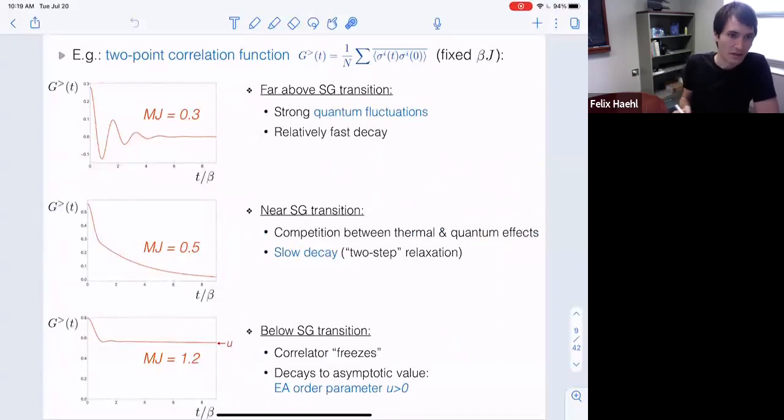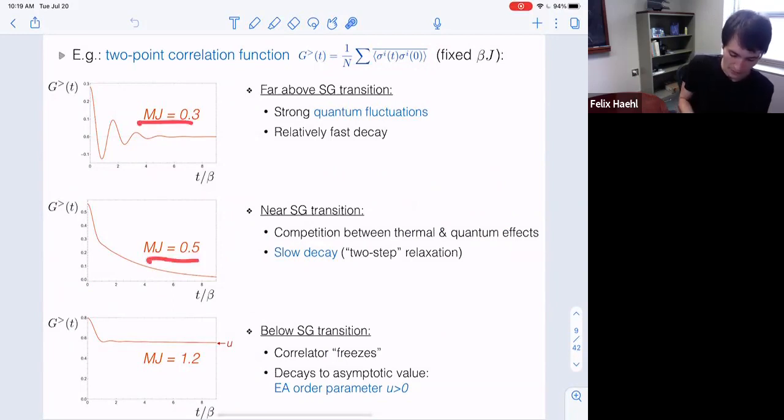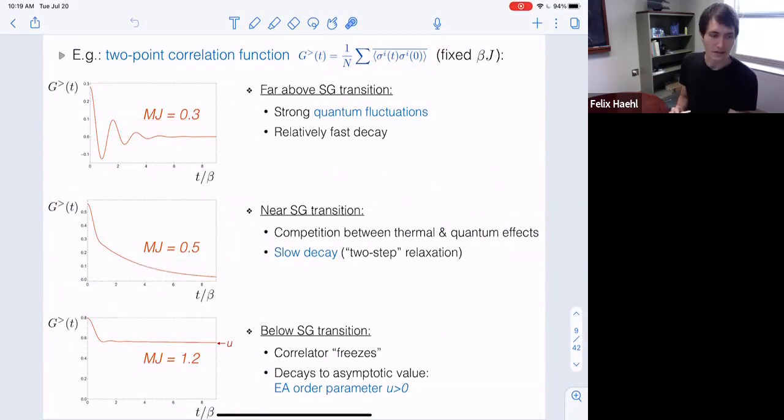If you consider a true two-point function of these spins, and you disorder average it, at fixed temperature, then you see different behavior as a function of this coupling MJ. Remember, that was the parameter that told us how strong quantum fluctuations are in the system.